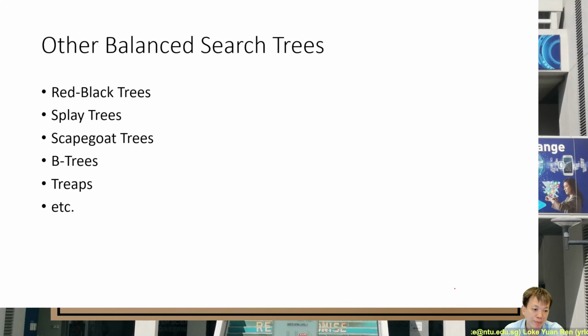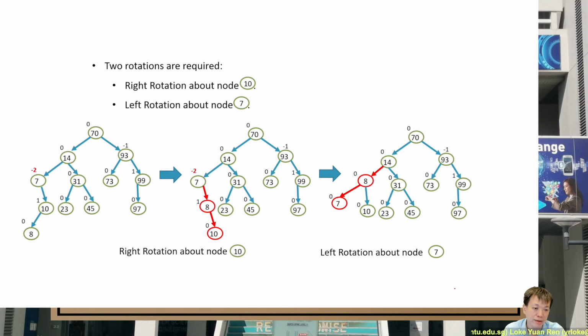So people started thinking, every time I insert a node, I just locally rotate one node. I insert a node, the travel time is log n. After I insert the node, you will find that in these 4 cases, I just need to rotate once. So that means it's constant time. In all the 4 cases, I just need to rotate 1 node, the unbalanced node only.